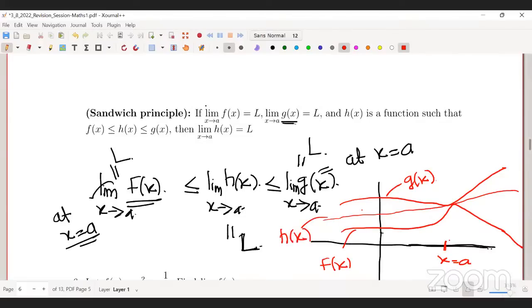The graph of g of x is above the graph of h of x, and the graph of f of x is below the graph of h of x. So when you come towards x equal to a, the limits of all the functions will coincide.